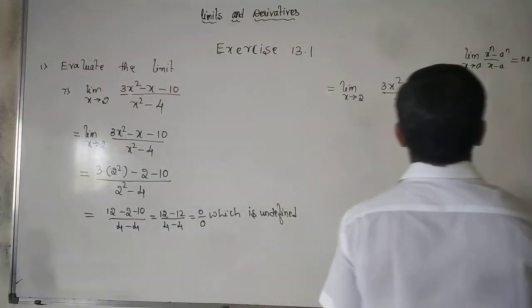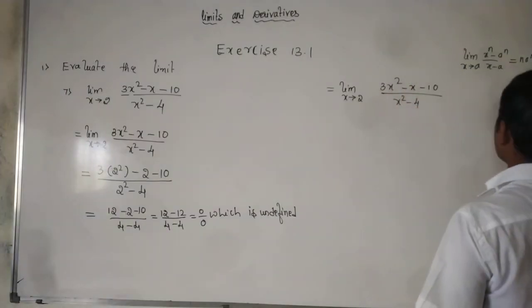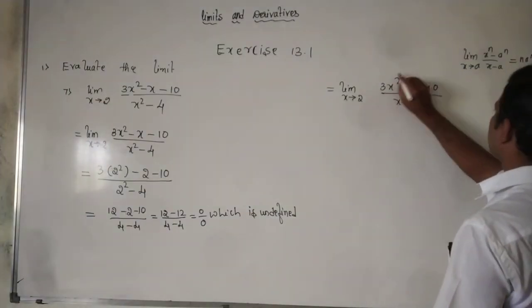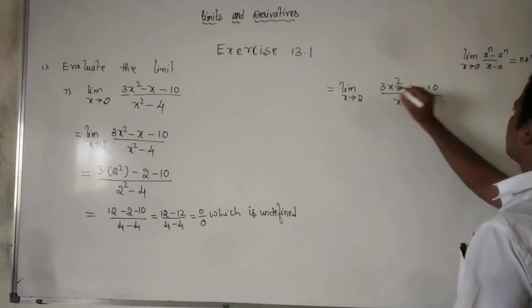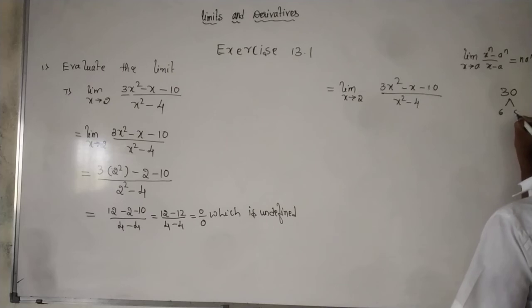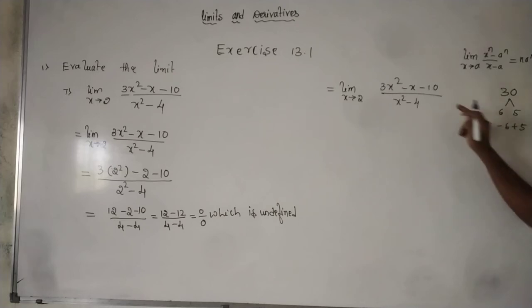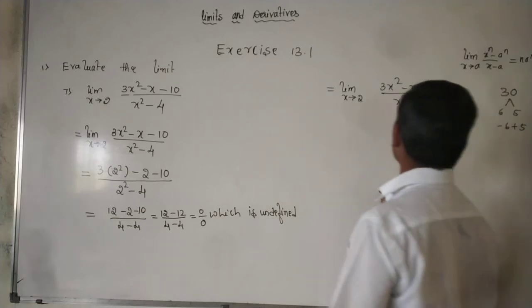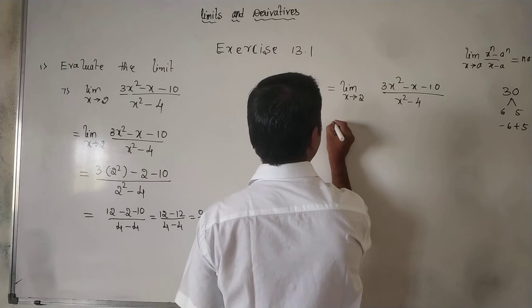Expansion: 3 into 10 is 30, 6 into 5 is 30. Minus 6 plus 5 is minus 1, only 3x. So that one we got here. So we can simplify this like this.